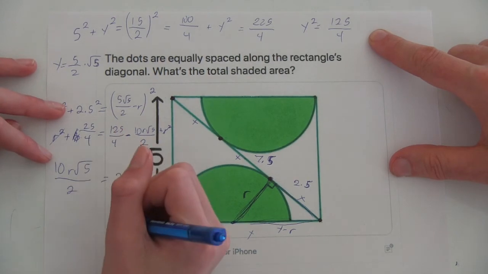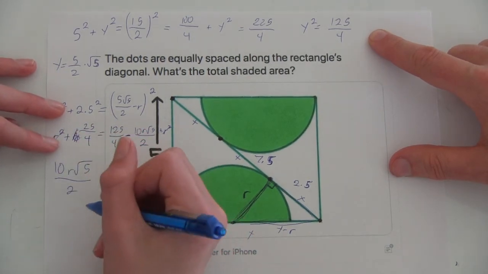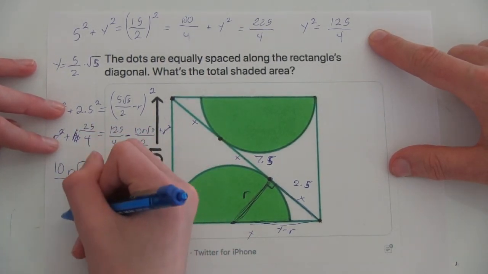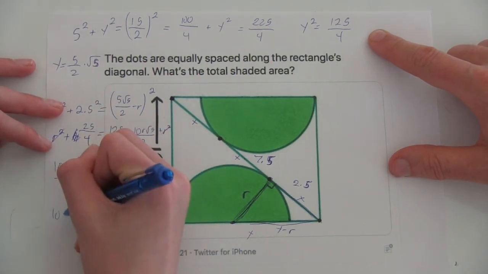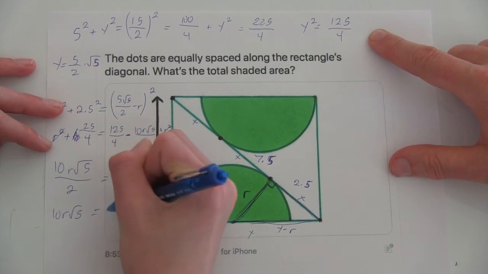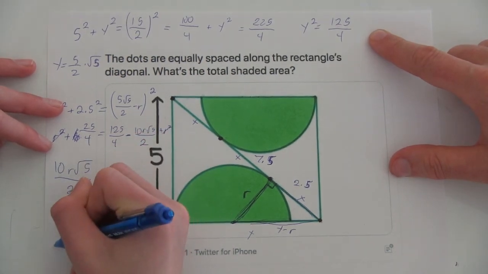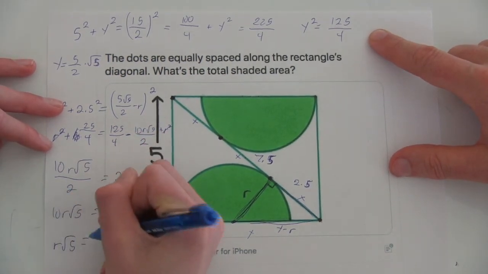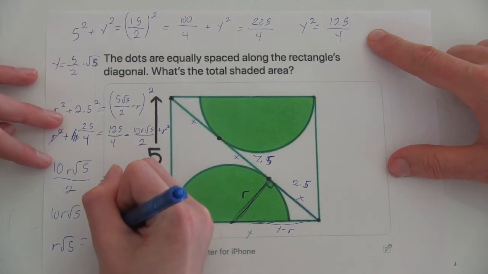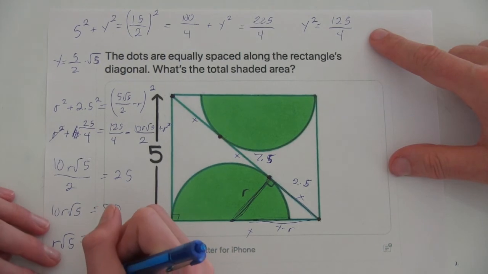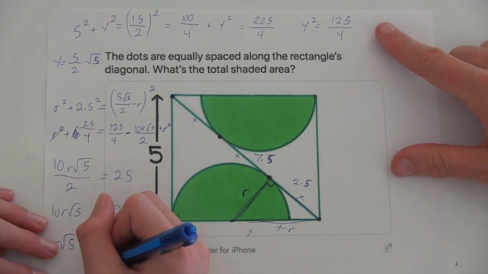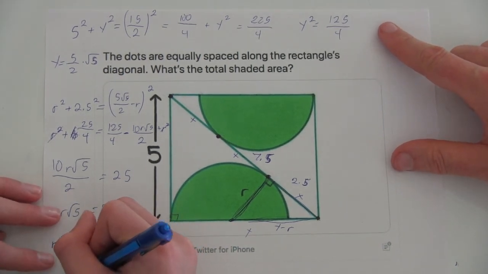And then, what can we see? We can multiply by 2. Or, yeah, 10r root 5 equals 50. r root 5 equals 5. And then r equals 5 over root 5, which is just root 5.